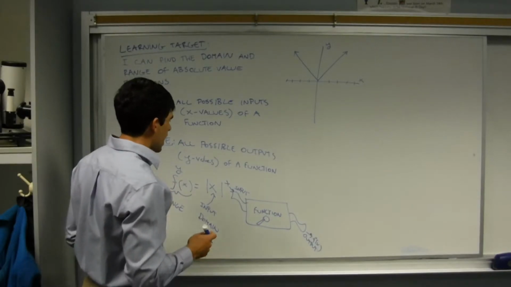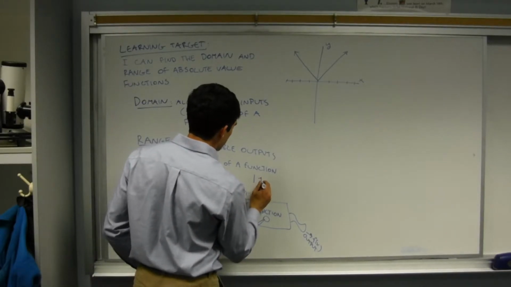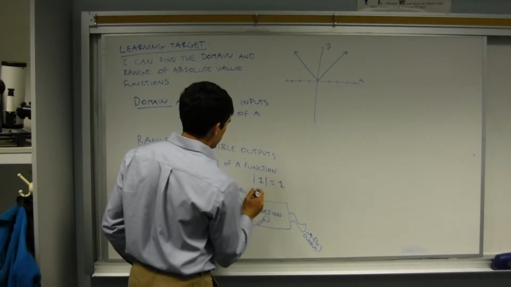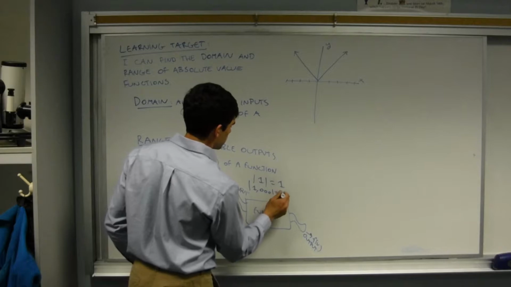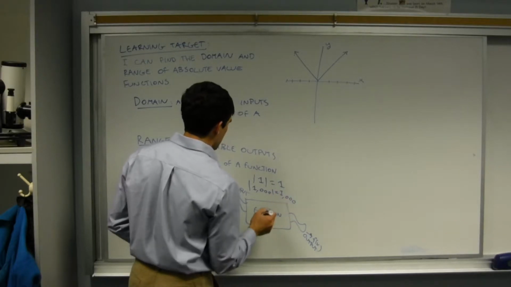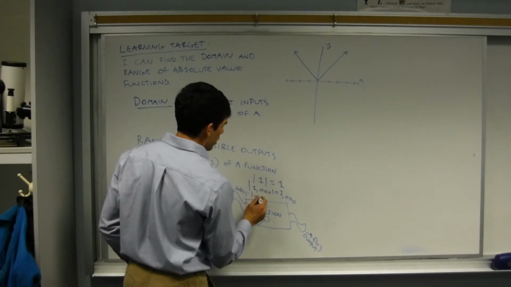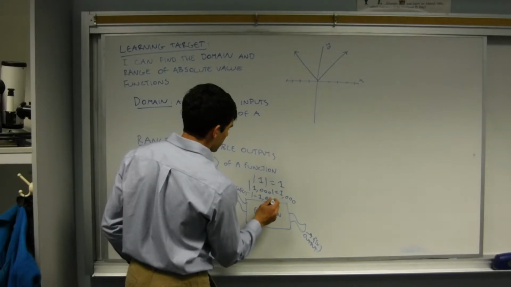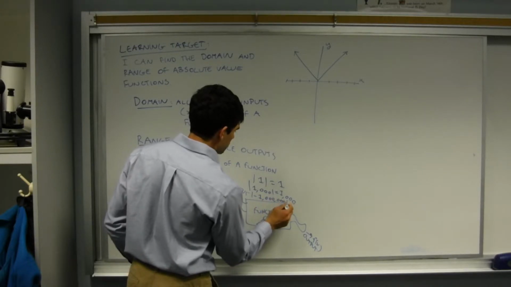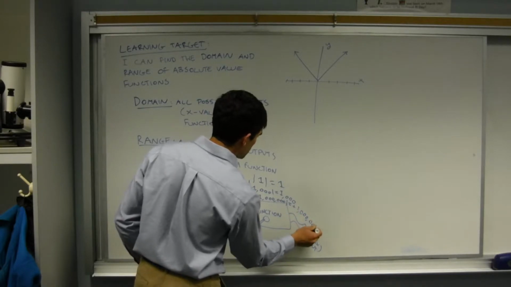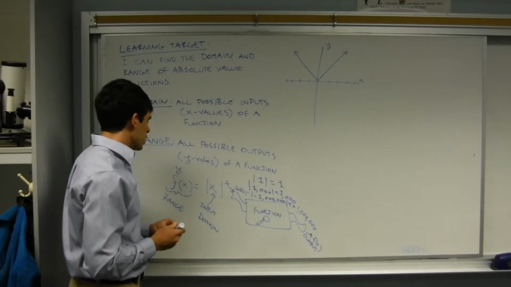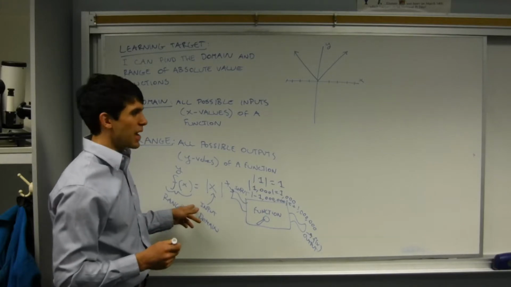So we could calculate what the absolute value of 1 is. It's equal to 1. Calculate the absolute value of 1,000. It's equal to 1,000. We could calculate the absolute value of negative 1 million. It's equal to positive 1 million. And so on. So we can put in any input again.